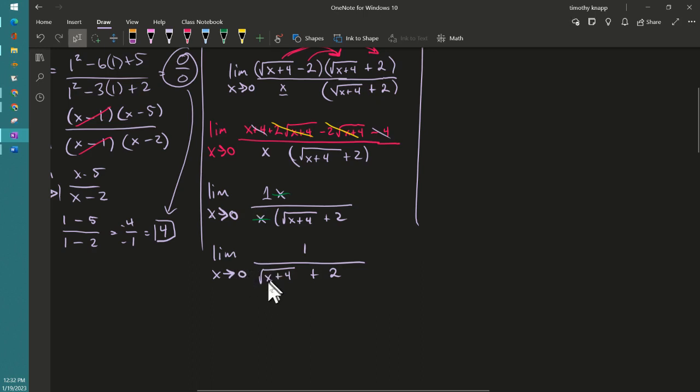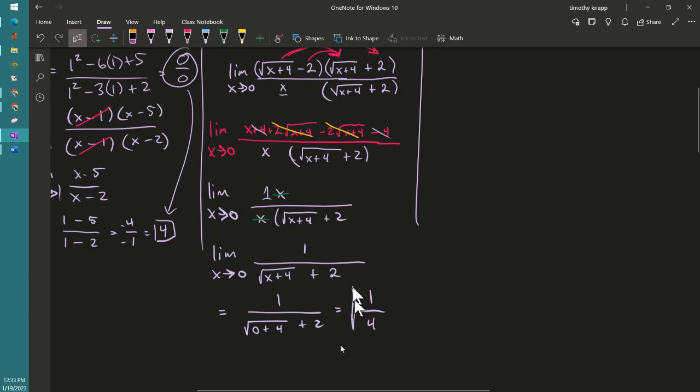So 0 here. And now that I'm evaluating the limit, I can get rid of the words limit as x approaches 0, and I can actually go ahead and put a 0 in there and see what happens. So I'm going to get 1 over 4, because what's the square root of 4? It's 2. What's 2 plus 2? 4. Bang. I got 1/4.